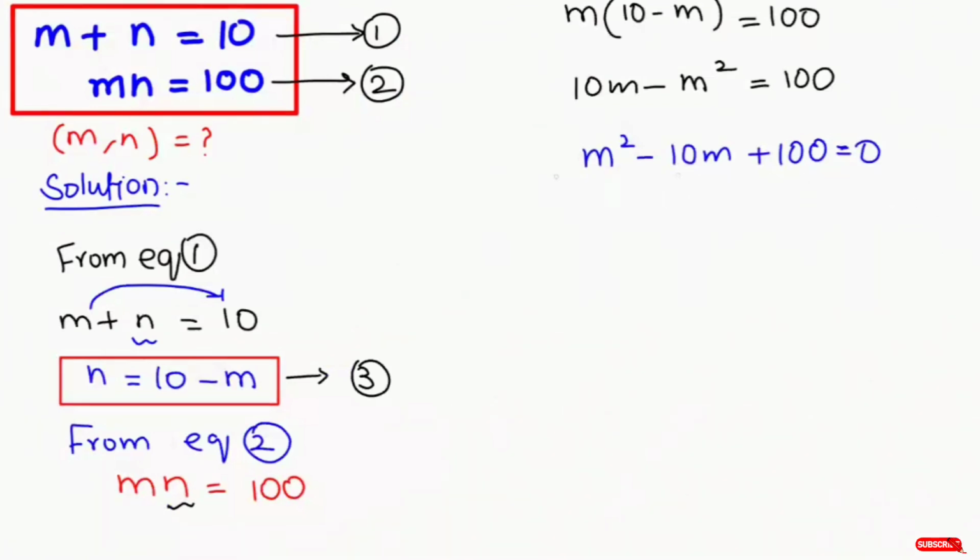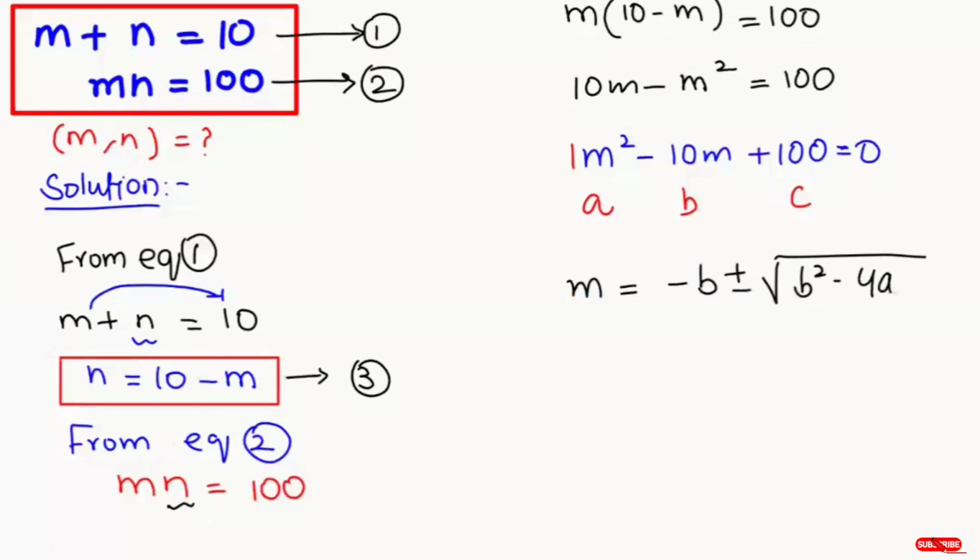Here we got the quadratic equation. Now we're going to write the a value, that is 1, the b value, that is negative 10, and the c value, that is 100. Now I'm going to write the formula to find the value of m: minus b plus minus root of b square minus 4ac over 2a.